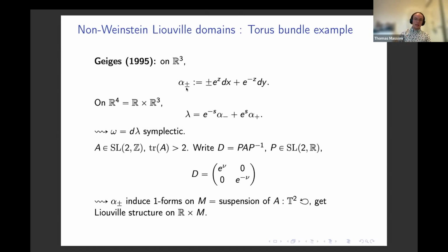And actually, if you quotient R^2 by not the standard lattice, but the lattice that you obtain by the image by this matrix P of the standard lattice, you will get a torus bundle over S^1, whose monodromy is essentially given by A, and these alpha plus and alpha minus will descend to contact forms on this M. And then this lambda will give you a Liouville structure on R cross M. So similarly, you can chop R to get [-a, a] times M for a sufficiently large, and that will give you a domain with disconnected boundary as well.